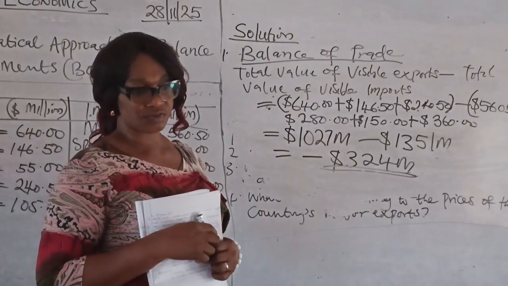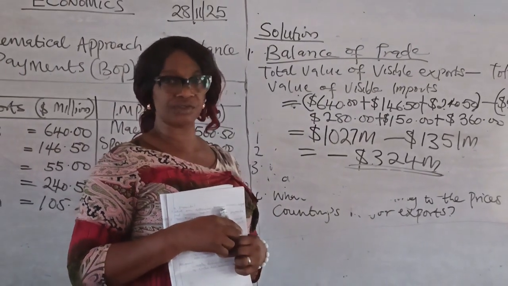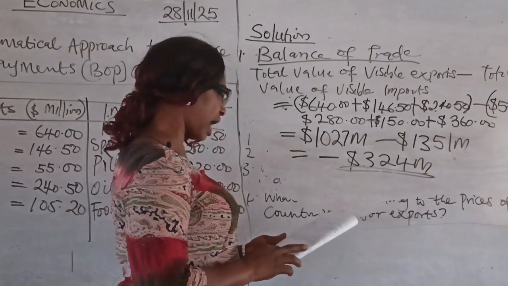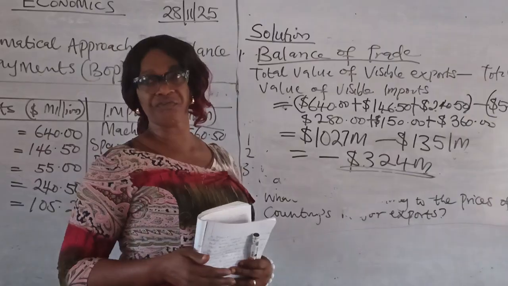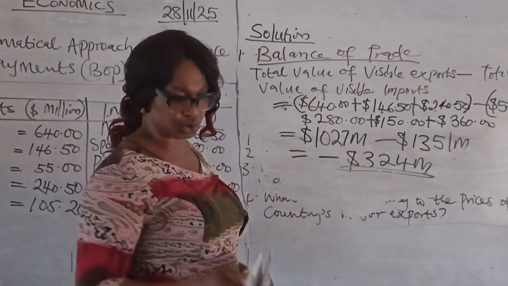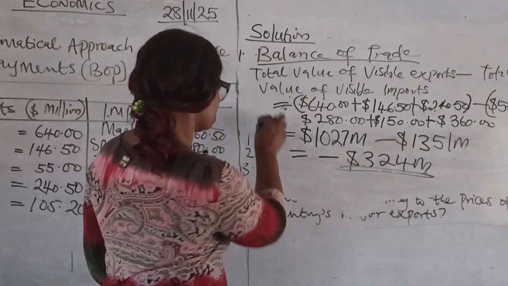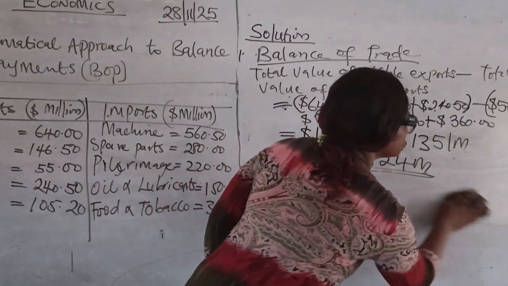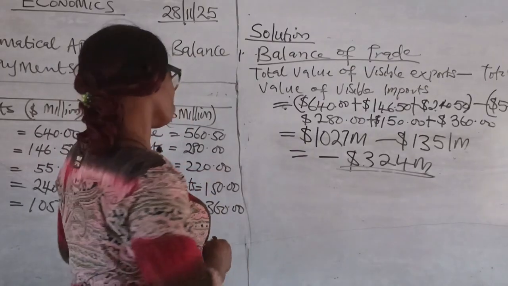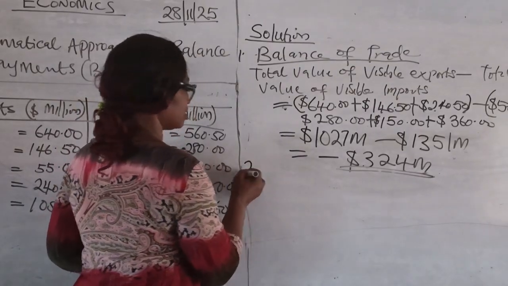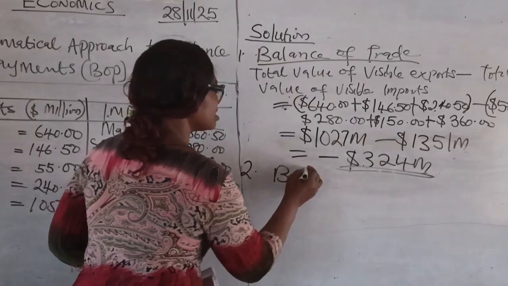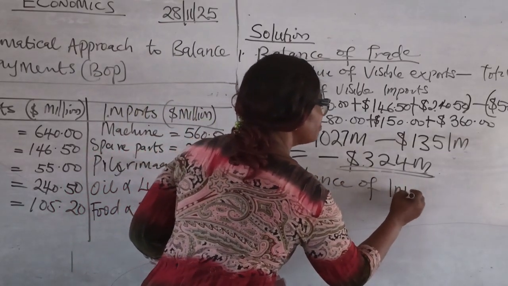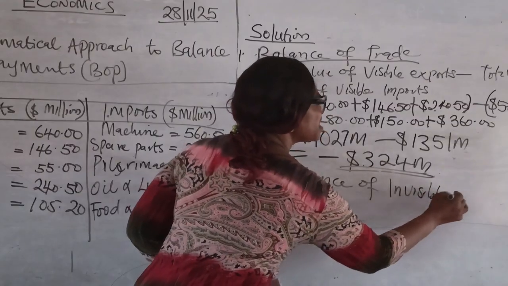Understood? Let's go to the second question. The second question says that we should calculate balance of invisible trade.